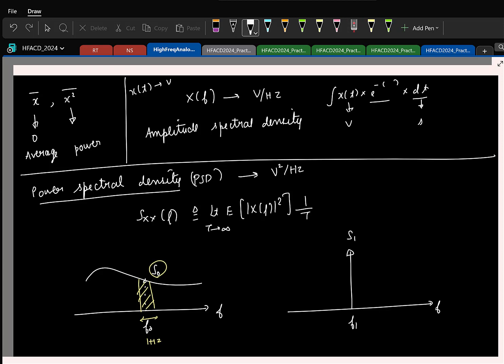And again, the experimental way to understand this: let us say I take this signal and pass it through an ideal band pass filter with center frequency f0 and a bandwidth of 1 hertz.